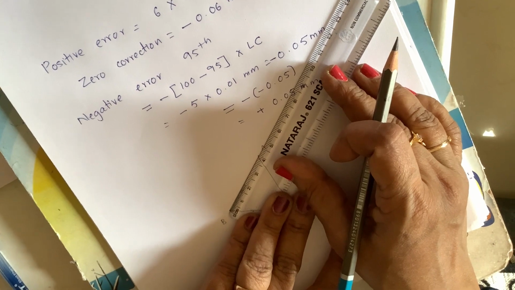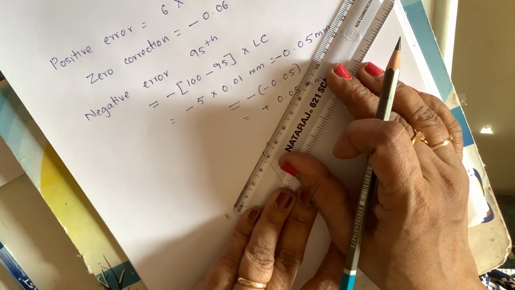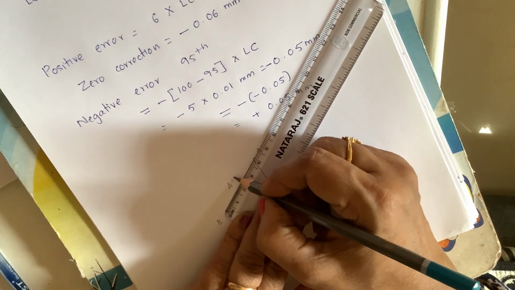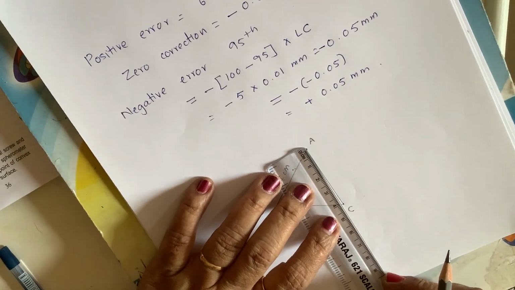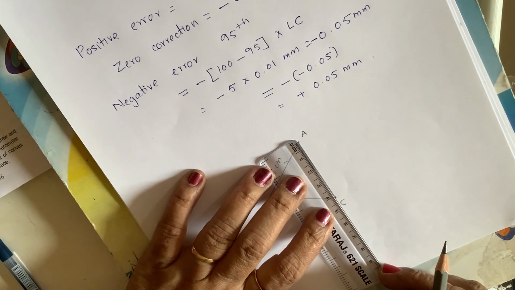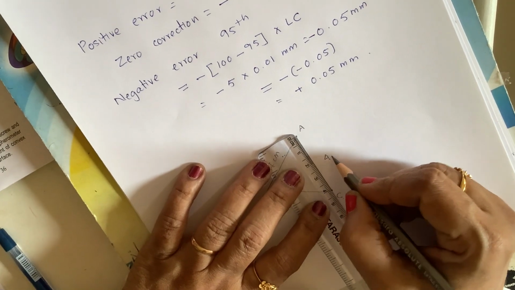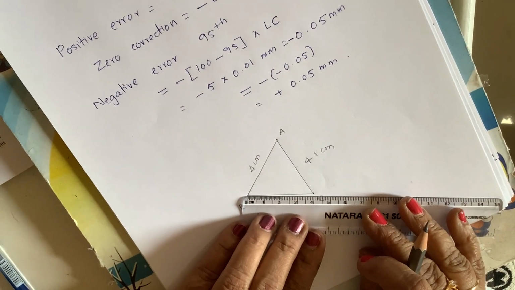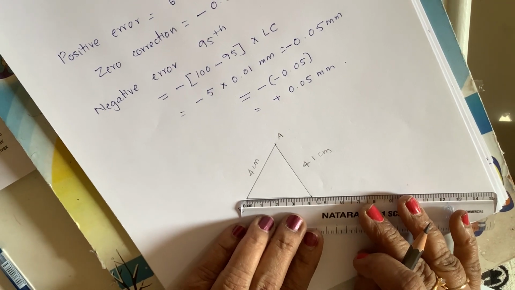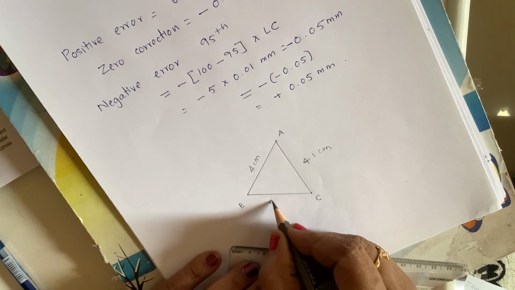This one, AB, is 4 centimeters, and measure AC. This is slightly more than 4, that is 4.1 centimeters, and BC is 4 centimeters.